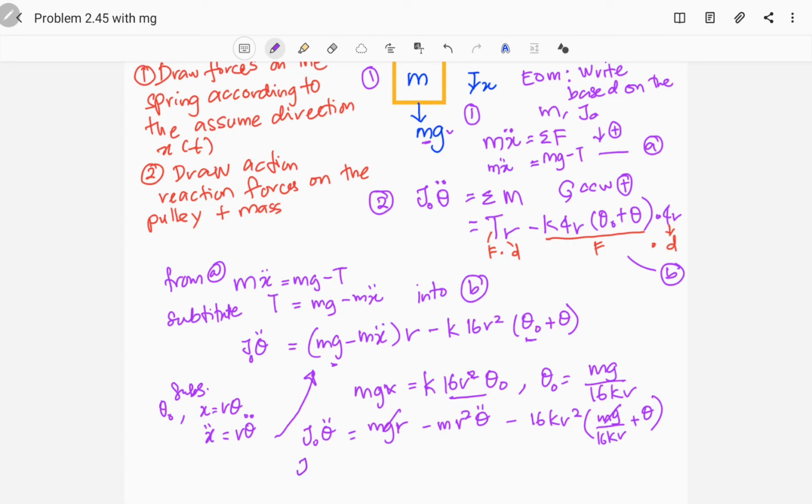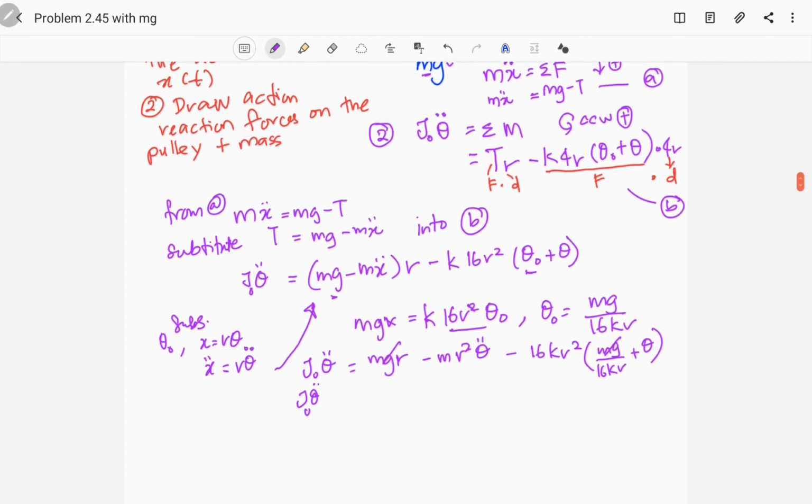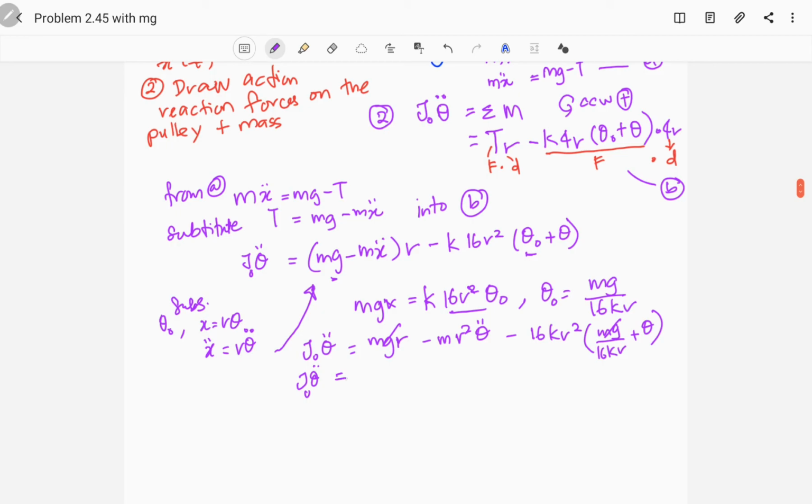So at the end you will have J naught theta double dot equals to, you can see that mgr will go away. So you have your negative m r square theta double dot.